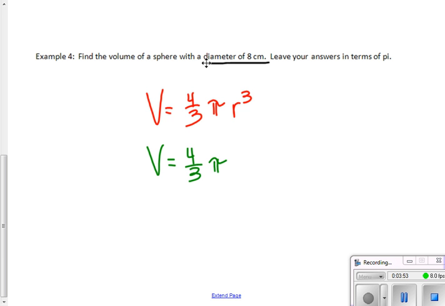We need our radius, so we'll split that, and the radius would be 4. Make sure we cube it. Remember, our volume answer is going to be written in terms of pi, so 4 cube it times 4/3. We have 85.3 times pi centimeters cubed.